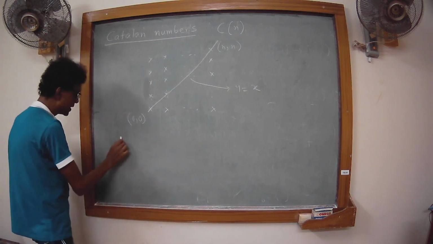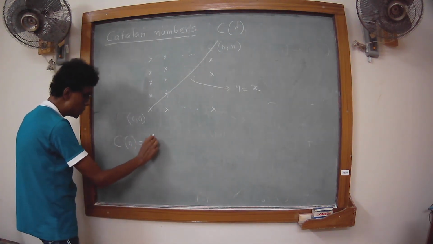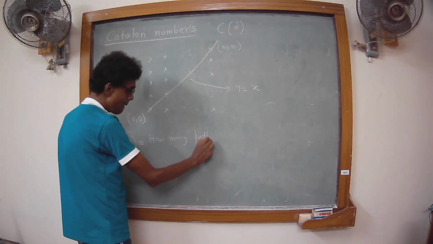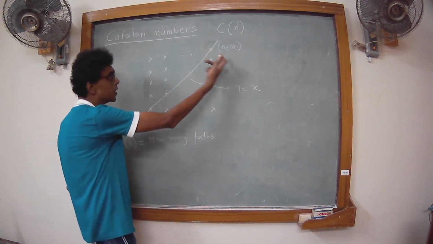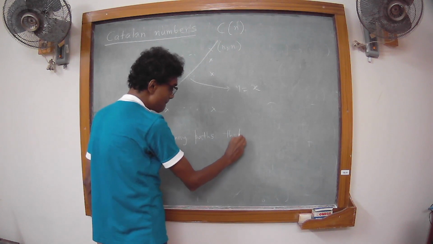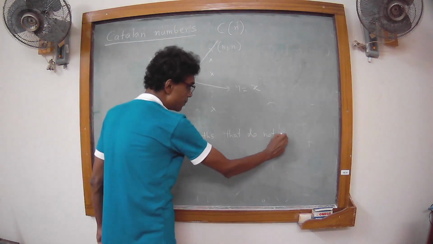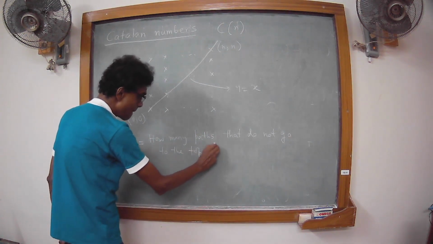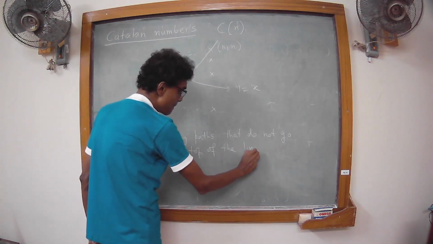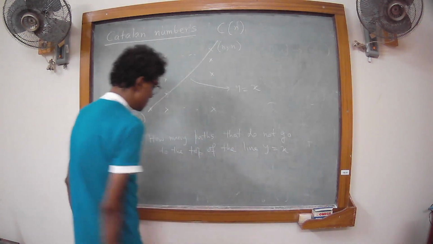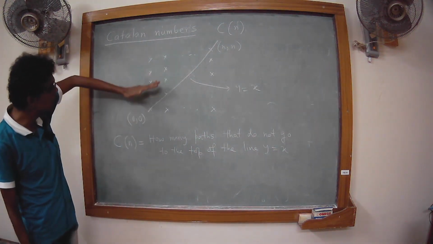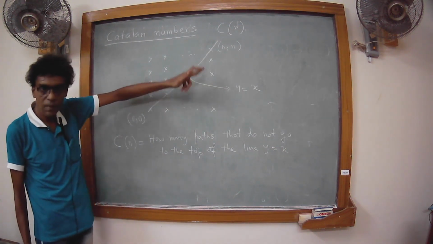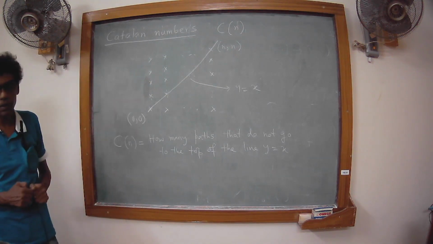So C of n, the nth Catalan number, is equal to how many paths from 0,0 to n,n that do not go to the top of the line. So these points are inaccessible. You can come here, but you cannot cross it.